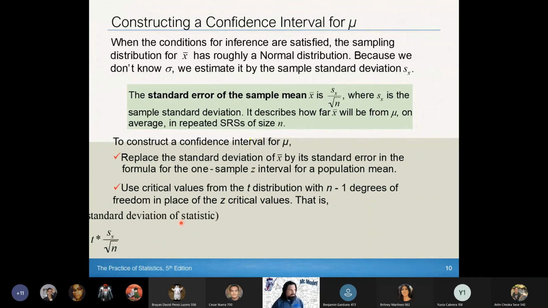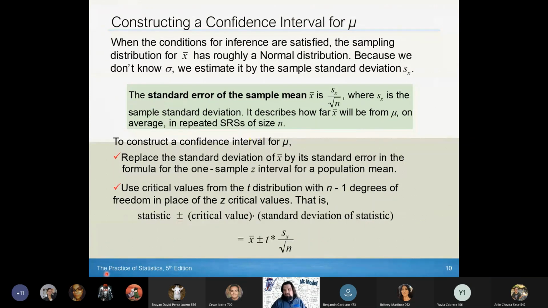And that is, we use this formula. Statistic plus or minus critical value times the standard deviation of a statistic, and we get X bar plus or minus T star times the standard error S sub X divided by square root of n.